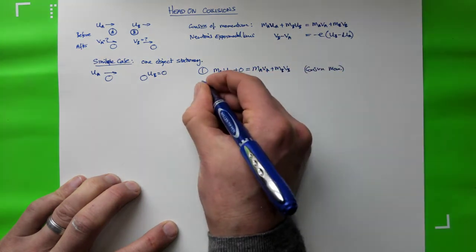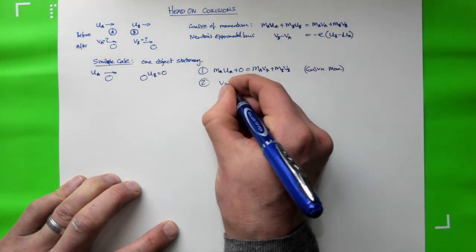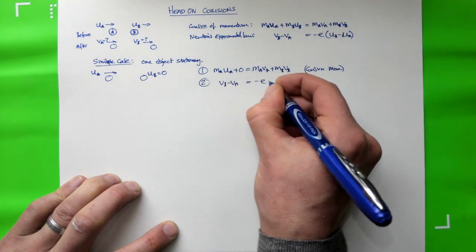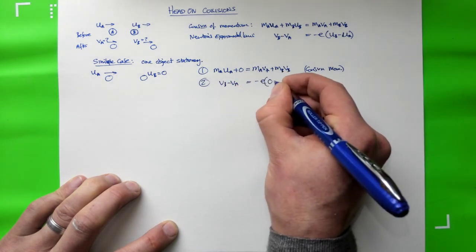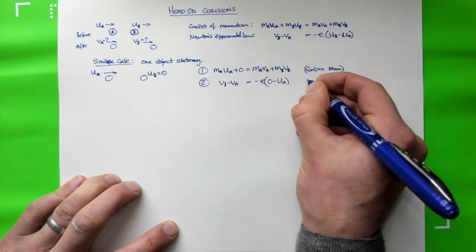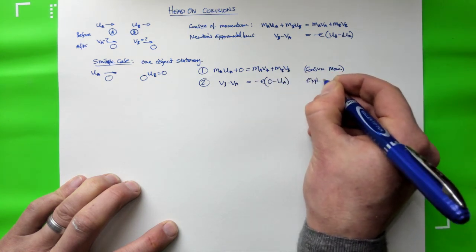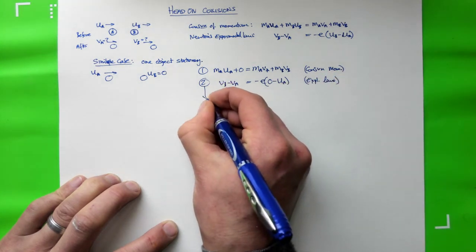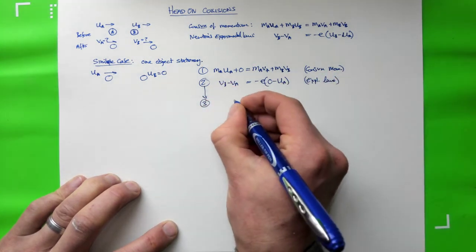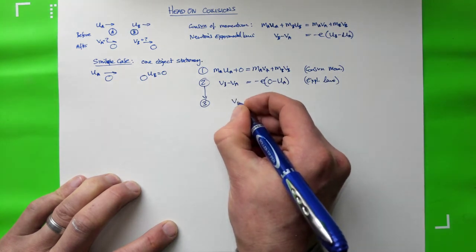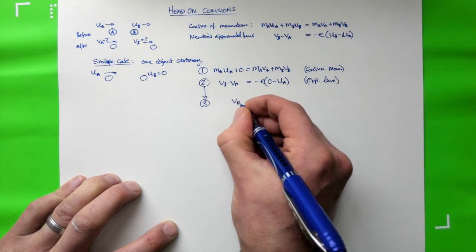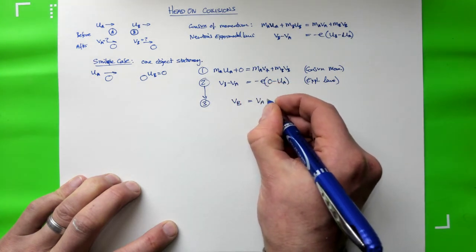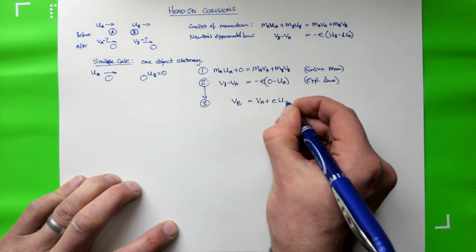And equation 2 is going to be vB minus vA, both of which are actual numbers, equals minus e times uA, since in this bracket we've just got 0 for one of them. That's the experimental law. And then we can rearrange the experimental law to give us a third equation for just one of those unknowns. So let's solve here for vB. So vB we can see is just going to be vA plus e uA.